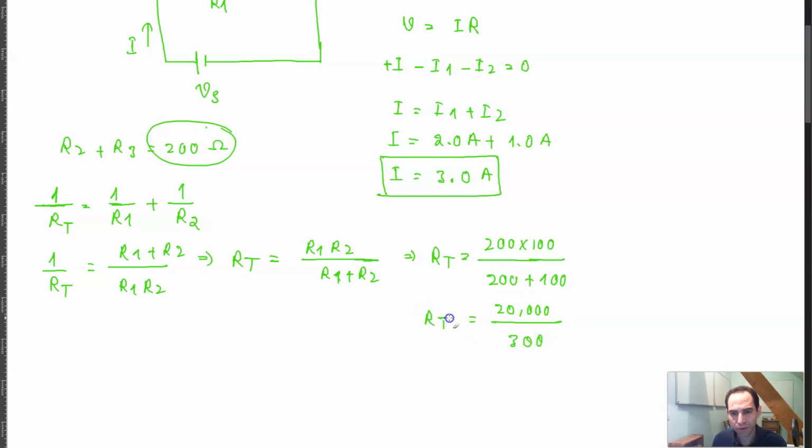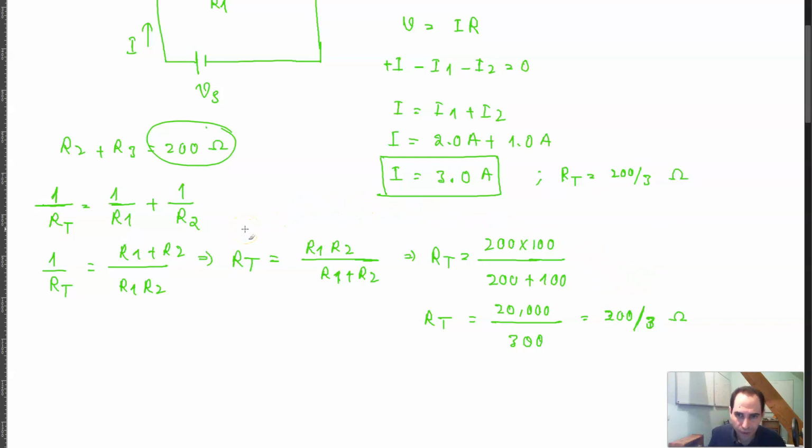This is your R of T, and that's the same thing as 200 thirds ohms. So your R of T is equal to 200 thirds ohms.